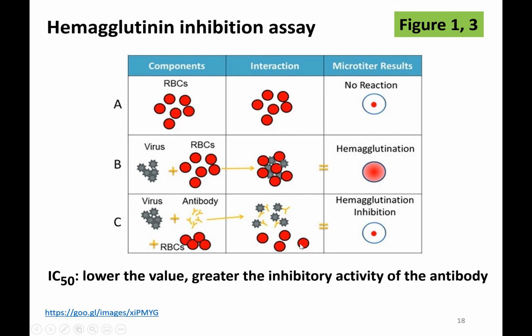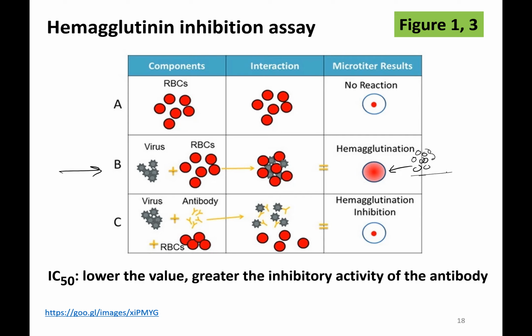So the hemagglutinin assay works this way. Influenza can bind to red blood cells. So when influenza binds to red blood cells, the red blood cells all clump up, and in that little well, in that little dish you're looking at, you see this red color because it's just a whole bunch of red blood cells clumped up together.